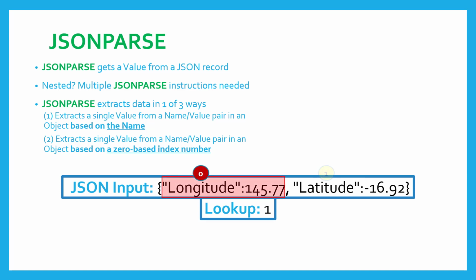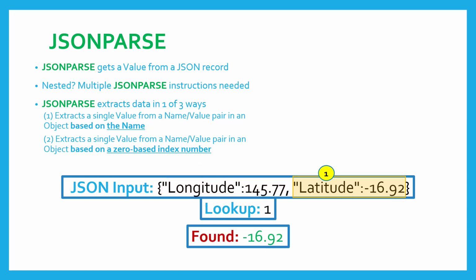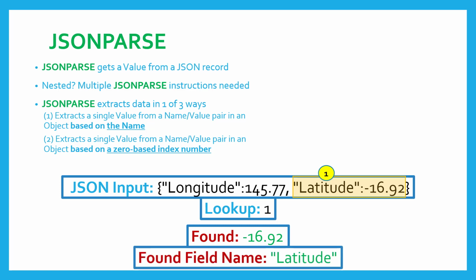It will look at the top-level objects only until it sees index 1. Having found the object at index location 1, it will return the same value, minus 16.92. But not only that, optionally, you can also make it give you the name of the value it found.